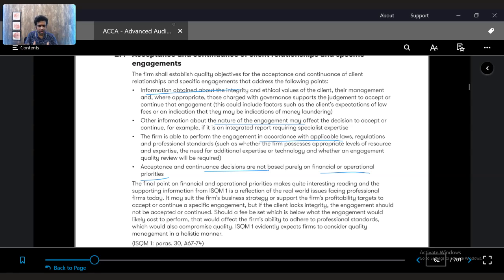Every year an audit is conducted as a fresh audit. And every year the employees who are supporting the client, their independence declarations have to be obtained. Their independence has to be checked. Their relationships have to be checked. The conflict of interest has to be re-evaluated. Why? Because it's a new year and it's a new audit for the existing client.